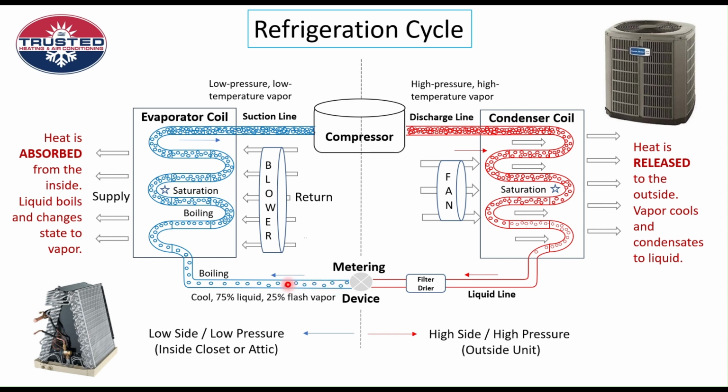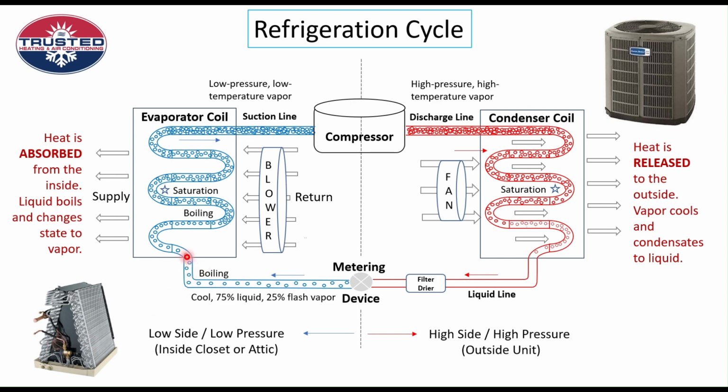It also cools down the liquid, and as it goes in right here to the evaporator coil, which again is over here. So this is our liquid line, and if you look right here, this is our metering device. It goes through the metering device, and then it comes here and starts snaking around again, and the same on this backside as well.